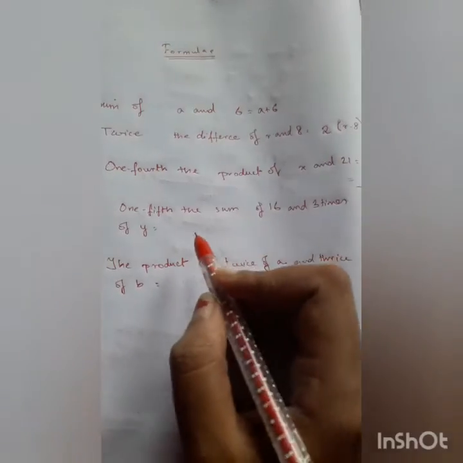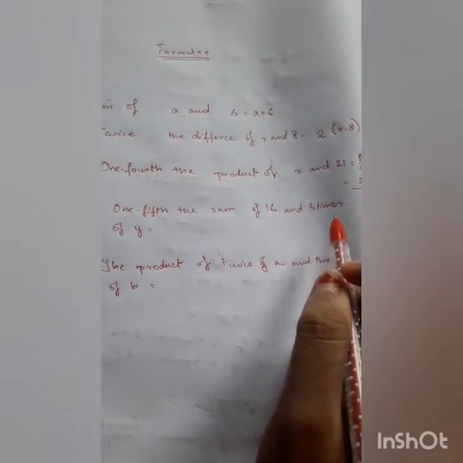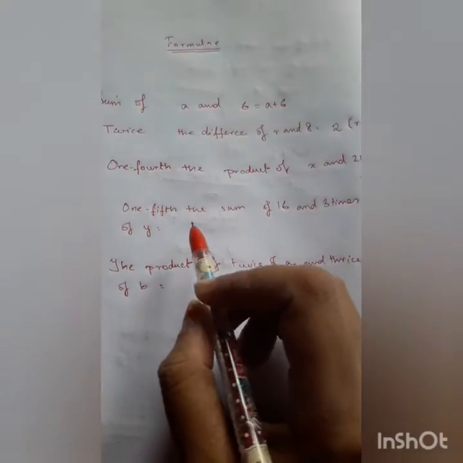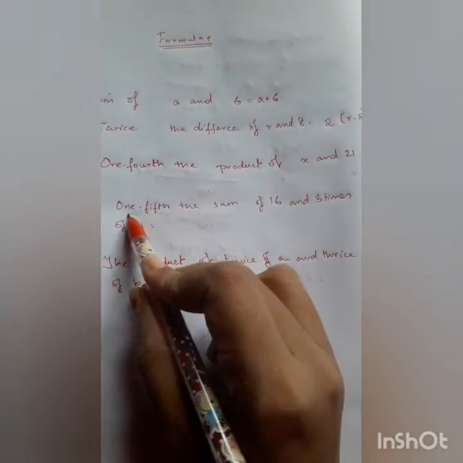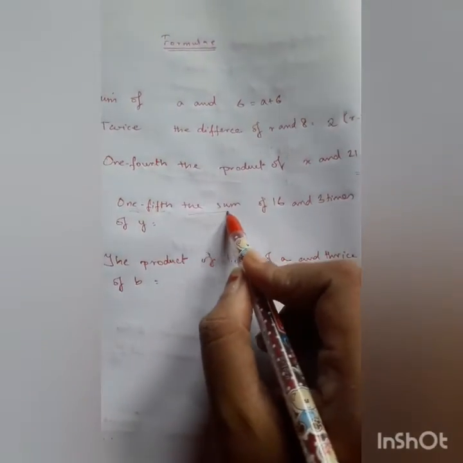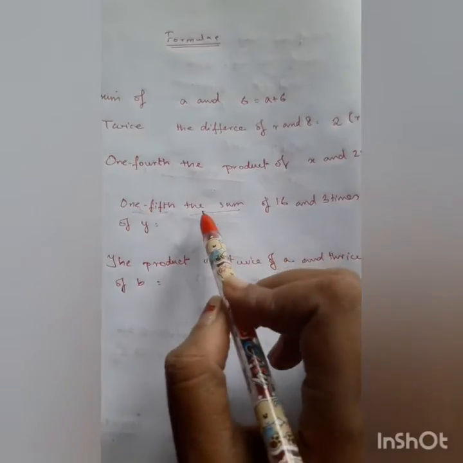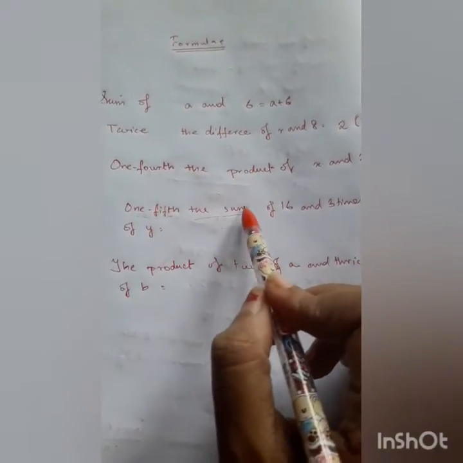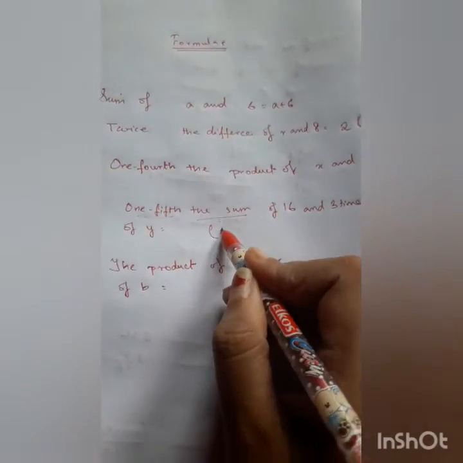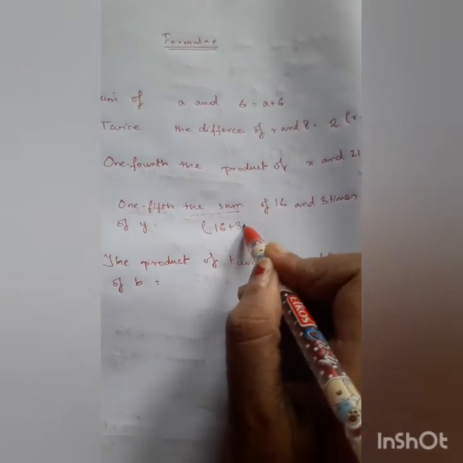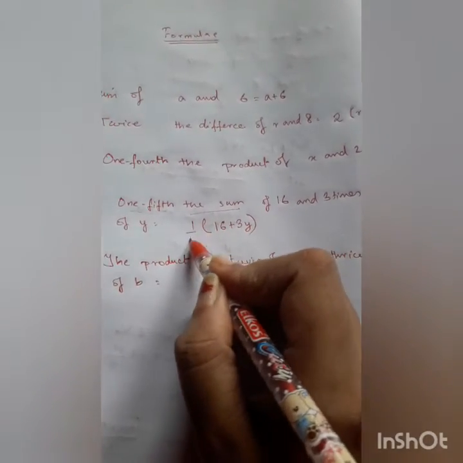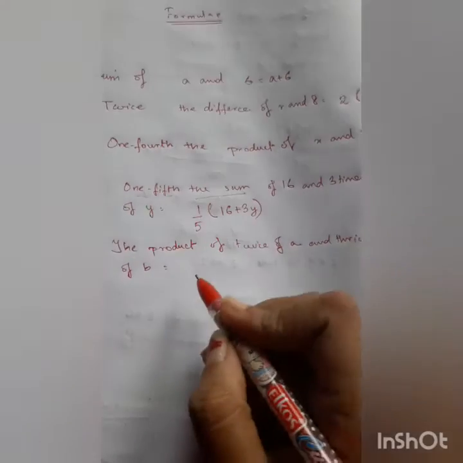One-fifth the sum of 16 and 3 times of y. So 1/5, this is separate, then the sum of; I am finding the 1/5 of the sum. Sum of what? Sum of 16 and 3 times of y, and this value is 1/5. The product of twice of a and thrice of b.